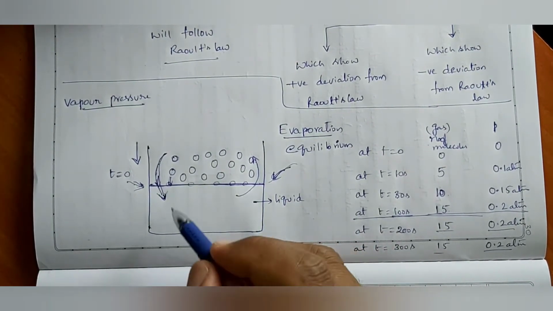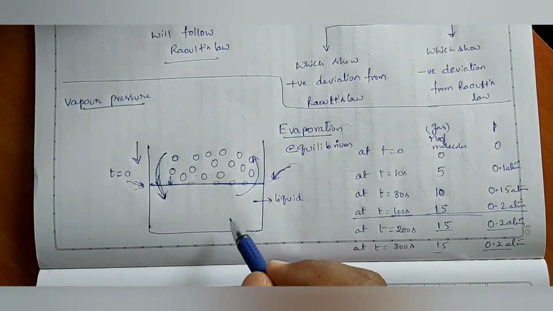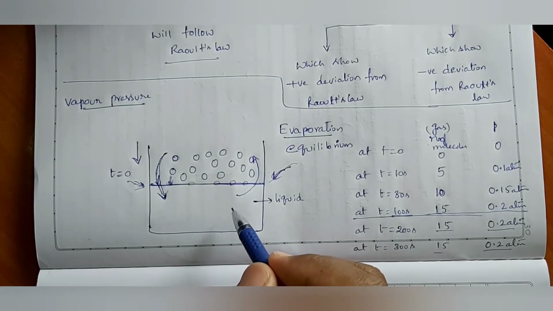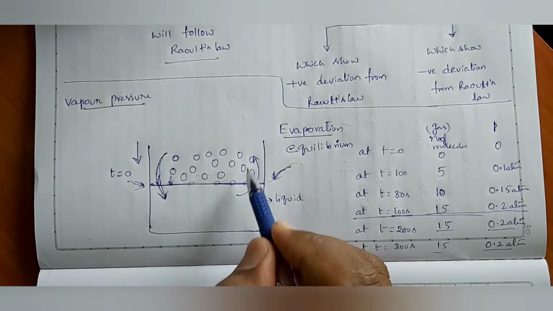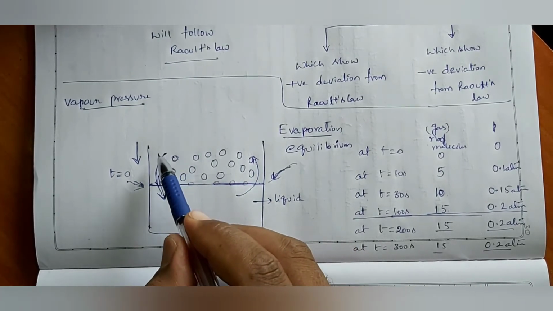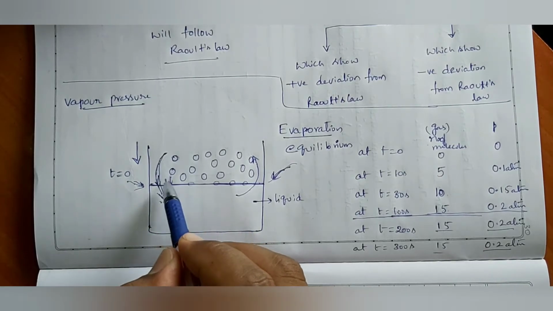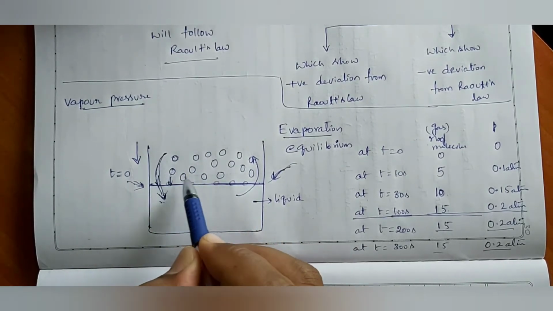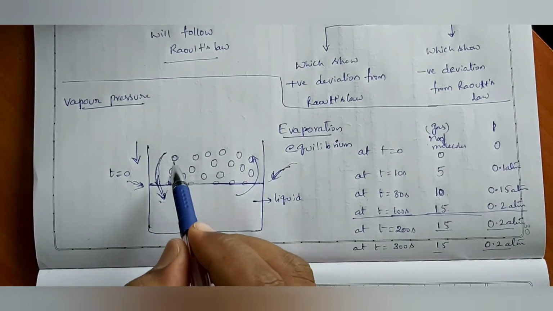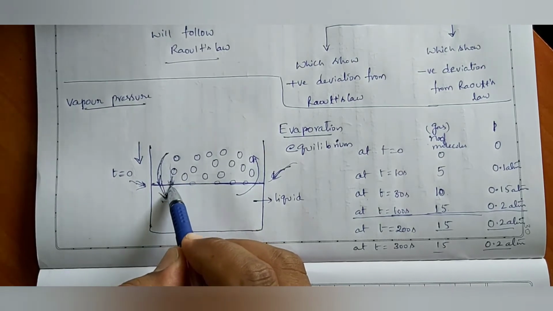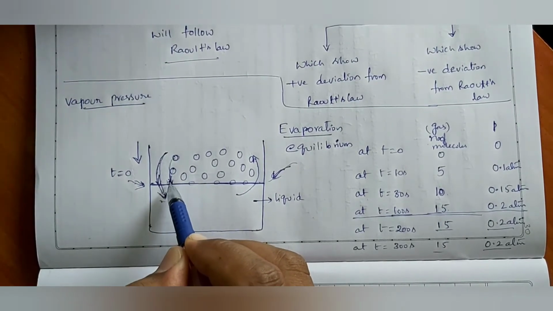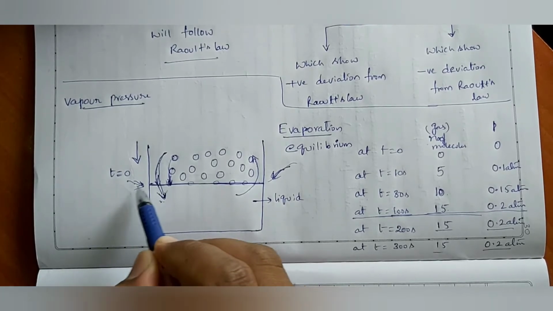Sir, as time goes on, the liquid molecules are absorbing energy and they have to convert to the gaseous state only. Why are gas molecules converting to the liquid state? See, these gas molecules are continuously roaming here and there. At that time, they hit the surface and lose some amount of energy to the surroundings again.